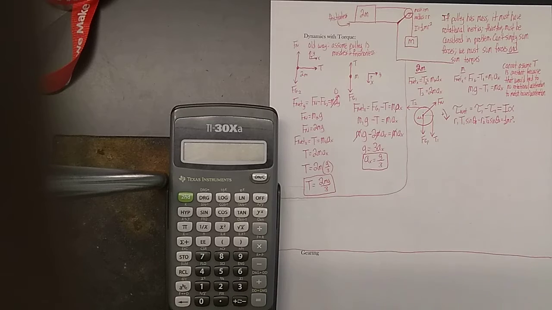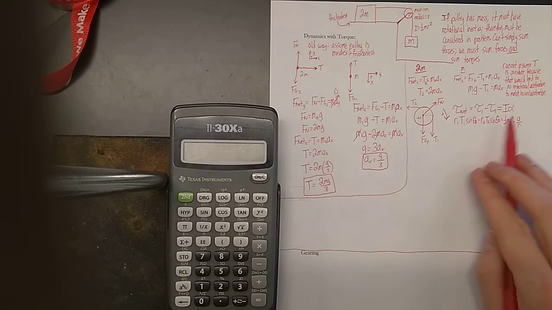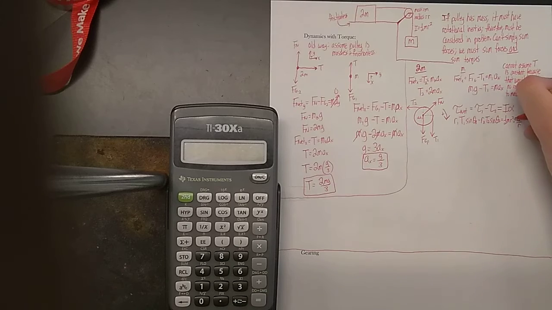The equation for alpha we're going to sub in is alpha equals the linear acceleration divided by the radius. You'll notice this gives me r squared up here and r on the bottom, so one set of those r's can cancel out.